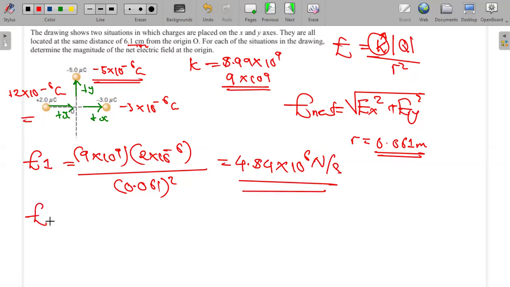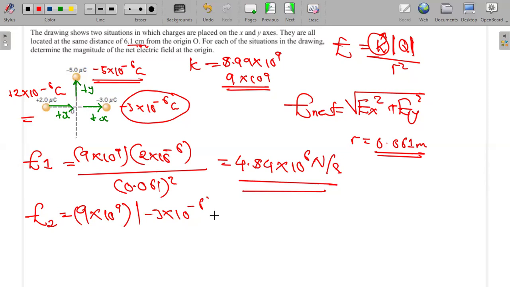Let's go to E2. For E2, we are going to consider this one, which is also on the x-axis. We apply the same formula, 9 times 10 to the power 9, in brackets. If you look at this formula, we have these absolute signs here. That means we will not consider the negative. So even if I multiply by -3 times 10 to the power minus 6, introducing the absolute signs deals away with the negative, which means the answer inside the absolute sign is supposed to be positive.